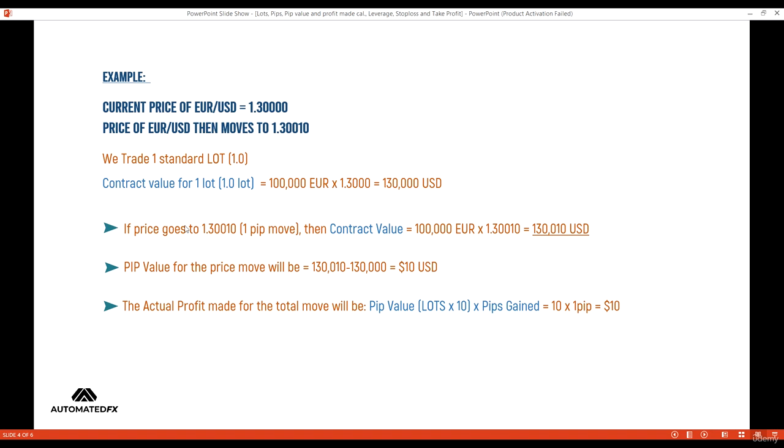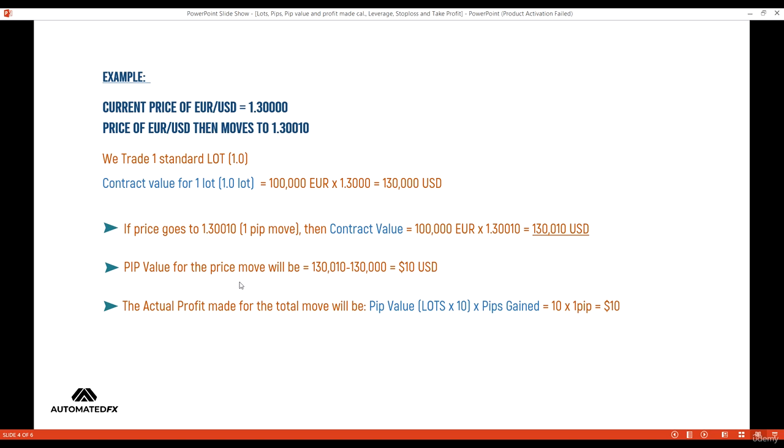If the price moves to 1.30010, which is a one pip movement, then the contract value will be 100,000 times 1.30010. For the one pip movement, we now have to find the contract sum by multiplying 100,000 euros by the new price after the one pip movement, 1.30010. That is equal to $130,010.